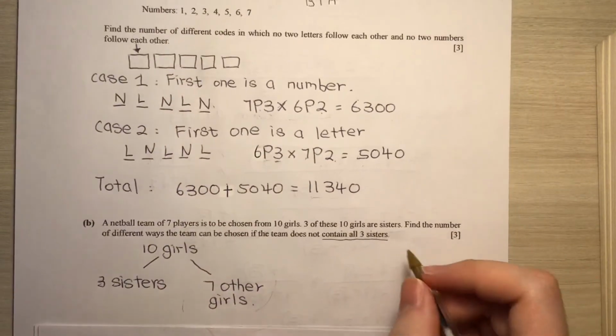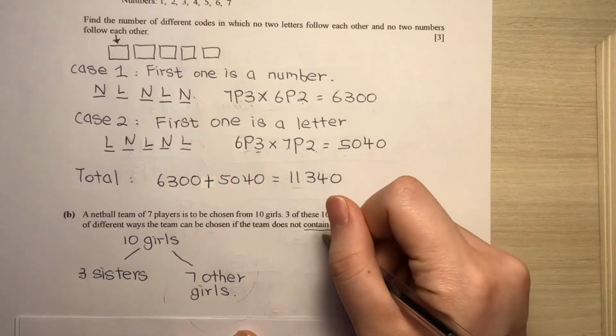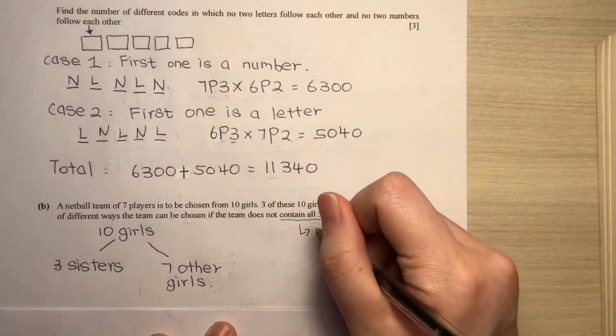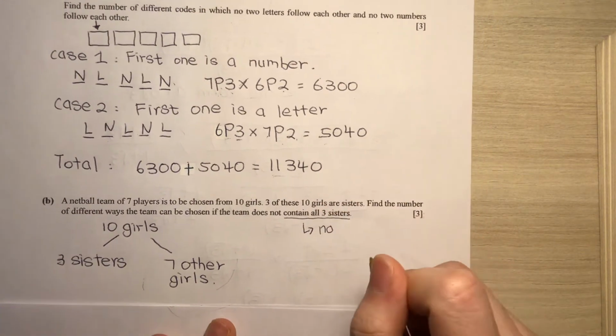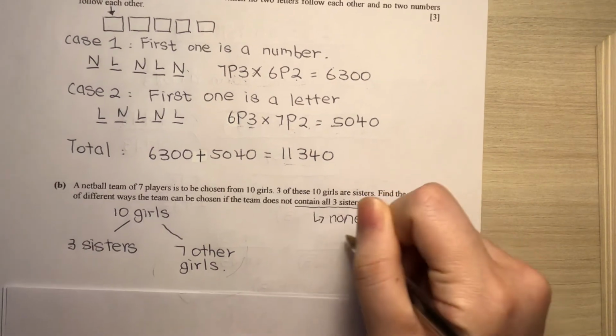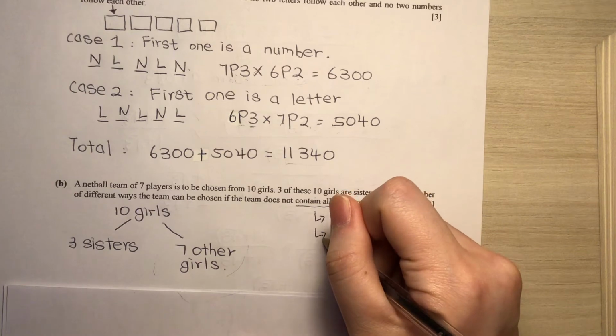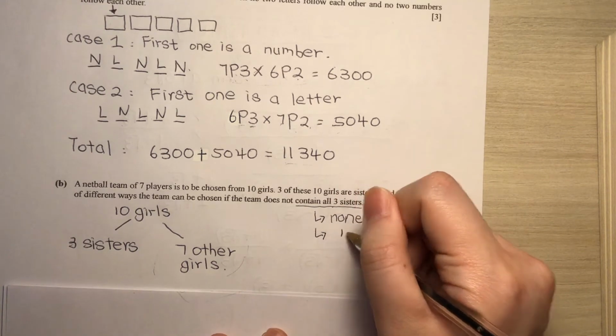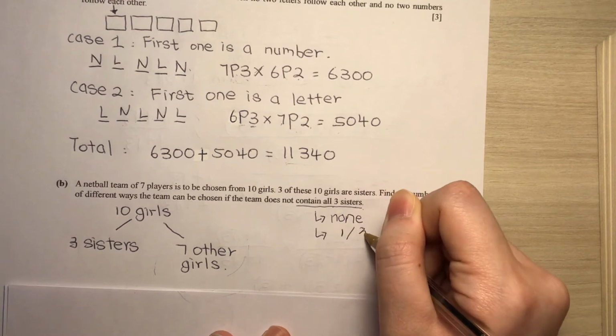Which means there are 3 different cases. The first case is where there are no sisters involved, none of them are in the team. Another case is where only one of the 3 sisters is involved, 1 out of 3.